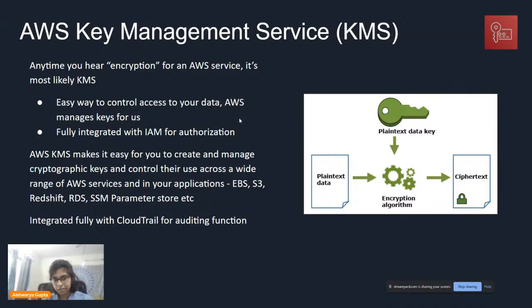It is fully integrated with IAM, so you define an IAM policy attached to that key to authorize users to use those keys. KMS makes it easy for us to manage cryptographic keys. All the burden of operations is taken away from us since it's a managed service, and it can be used with multiple services, like I mentioned before. It is also integrated with CloudTrail, so we can check who accessed which key to decrypt or encrypt what.